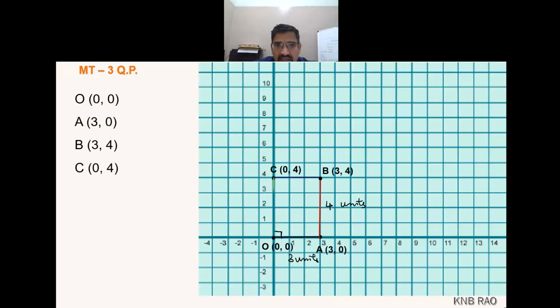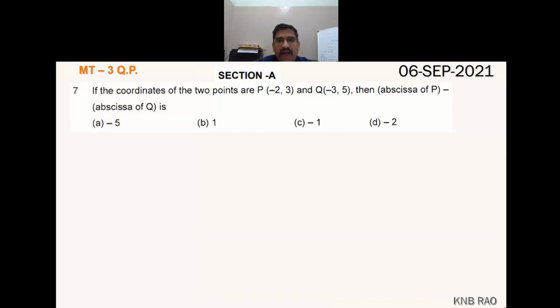Question number 7. If the coordinates of the 2 points are P (-2, 3) and Q (-3, 5), then abscissa of P minus abscissa of Q. It's simple. They are asking you to do this operation.